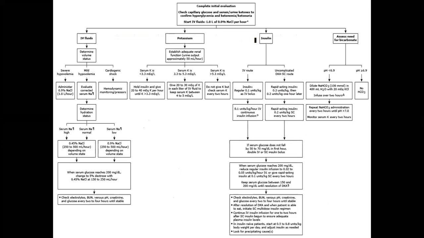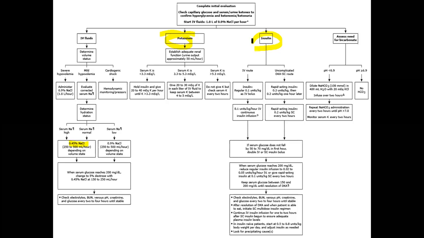So in summary, this is the treatment algorithm of diabetic ketoacidosis. The first thing that comes to your mind is give IV fluid initially to restore the vital signs. Then look at the potassium level, then correct it accordingly. After that, the rest of the procedure we have already seen. Maybe you have to give hypotonic saline depending on the sodium level.